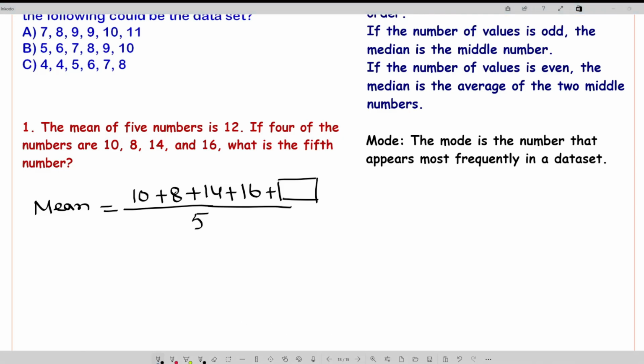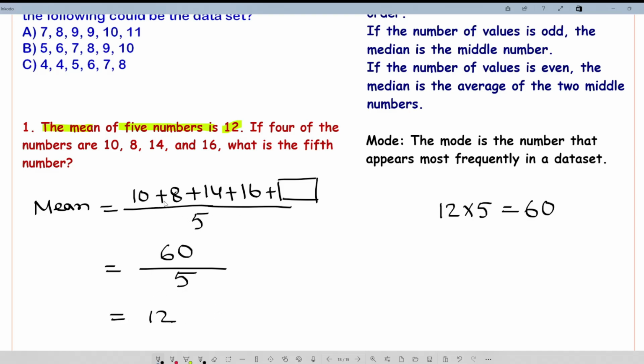Now look, here it is already mentioned 5 numbers, the mean is 12. It means 12 times 5 equals 60 is our summation of all numbers. It means here should be 60 divided by 5, because the mean is 12.